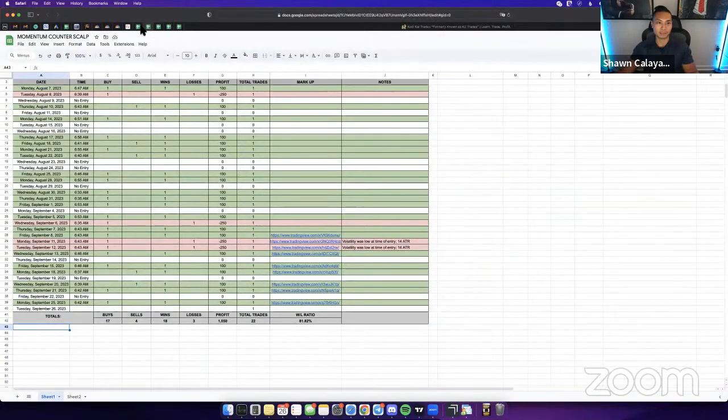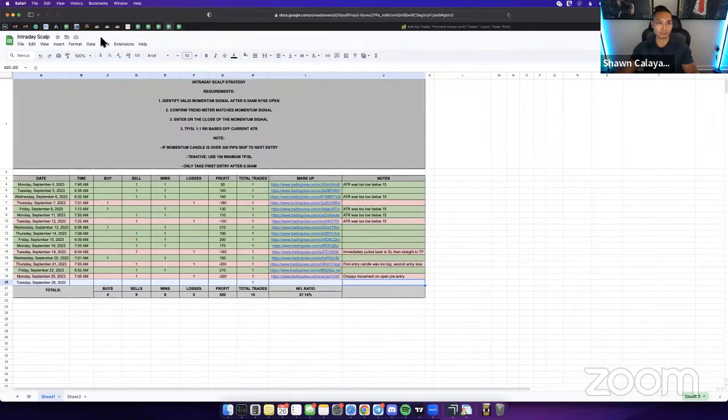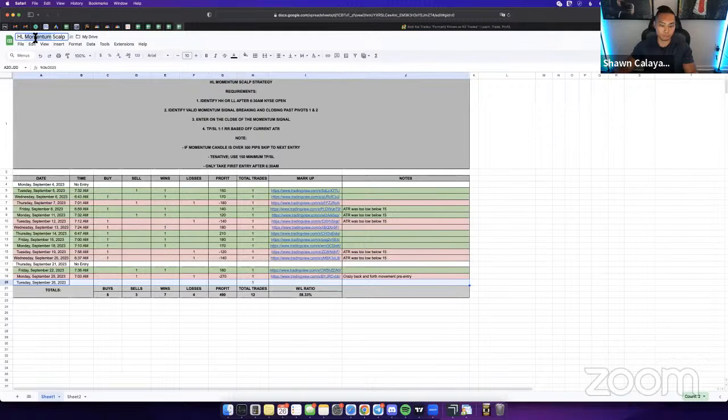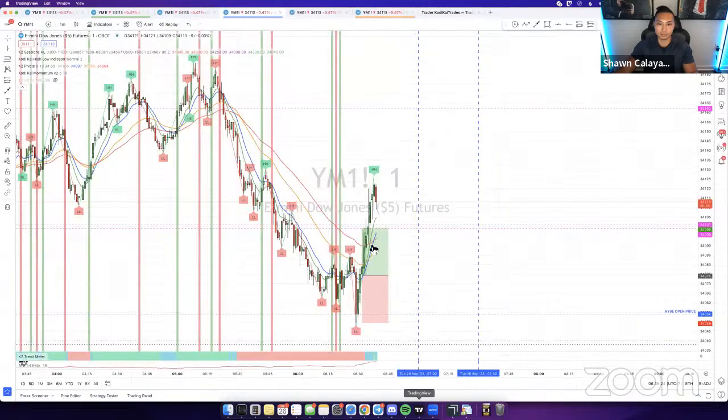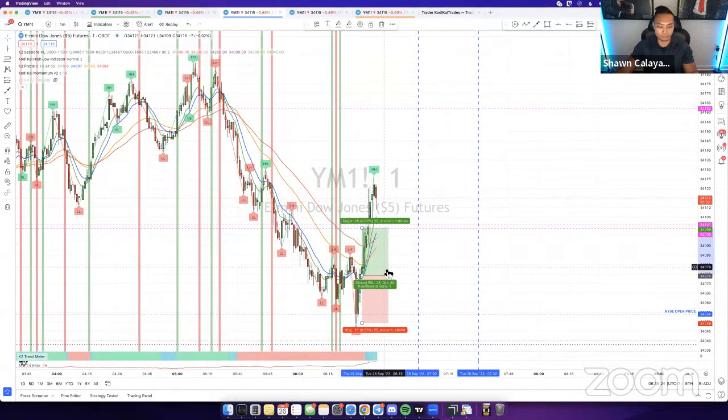We have the momentum counter scalp, still looking for that. We're looking for the intraday scalp, and then we're also looking for the high-low momentum scalp. So we have a lot of different opportunities that, if you guys missed the other entries, you could be waiting for these. But there's a lot of opportunities out there still. So I'll look up other entries when they come up.